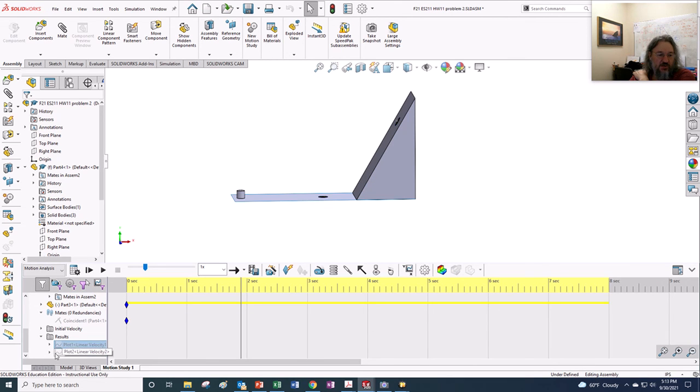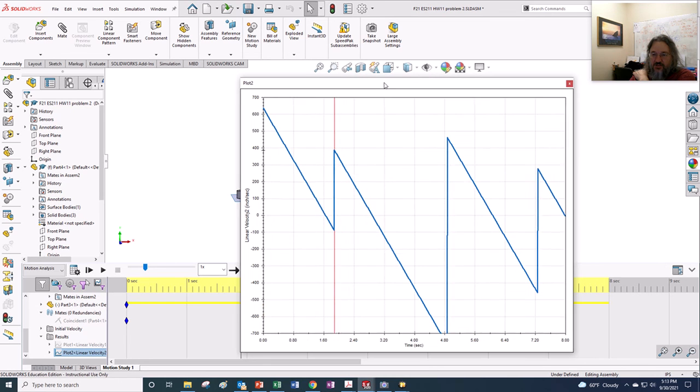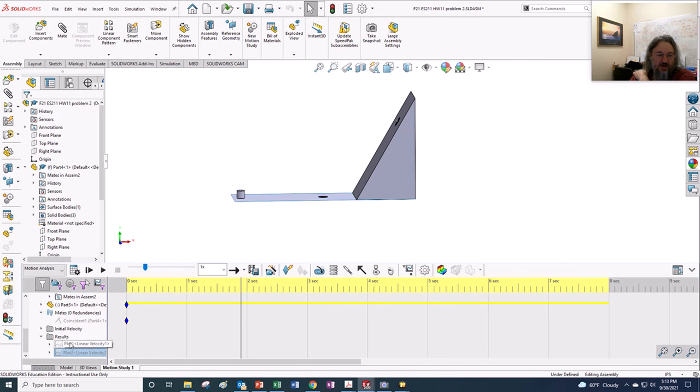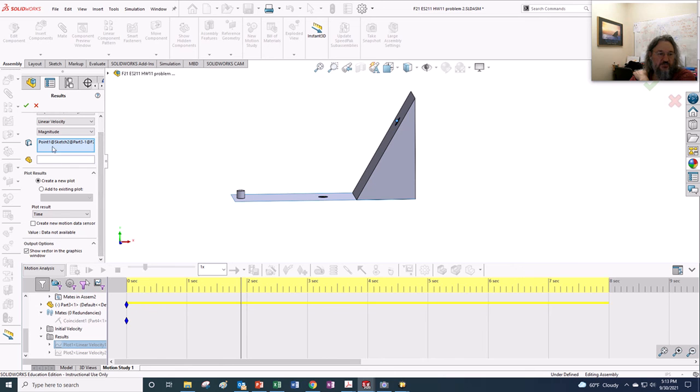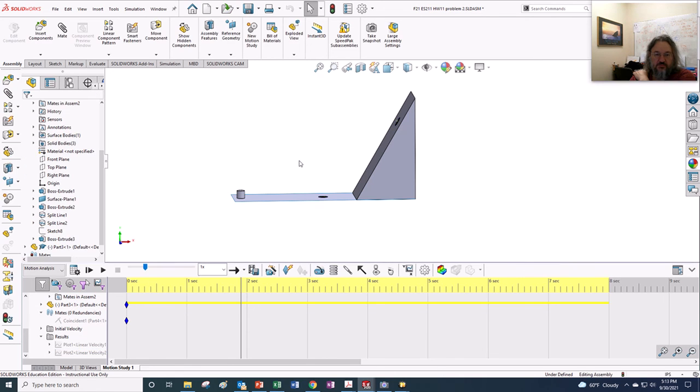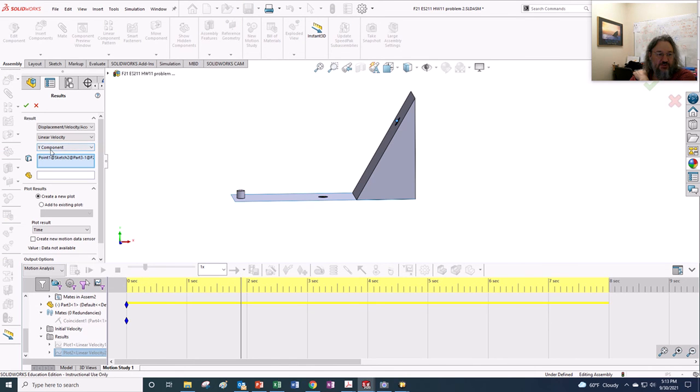I also had one where I had the y velocity. So here's the vertical velocity only. The other one was the combination of the total velocity, so I get the magnitude in that one. But this one right here is just the vertical velocity, just the y component.